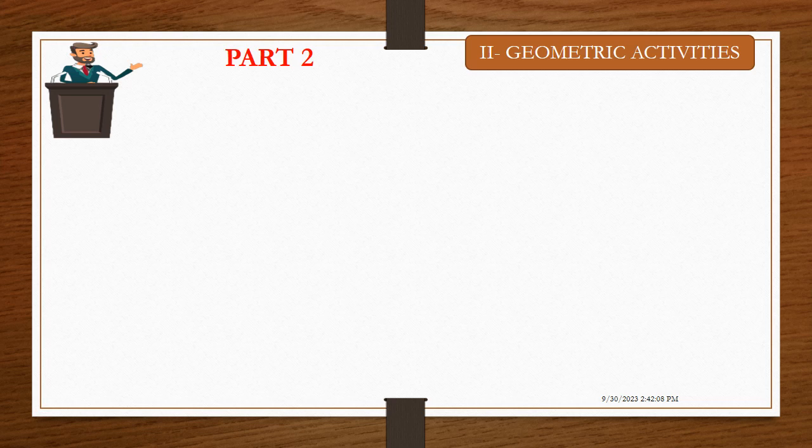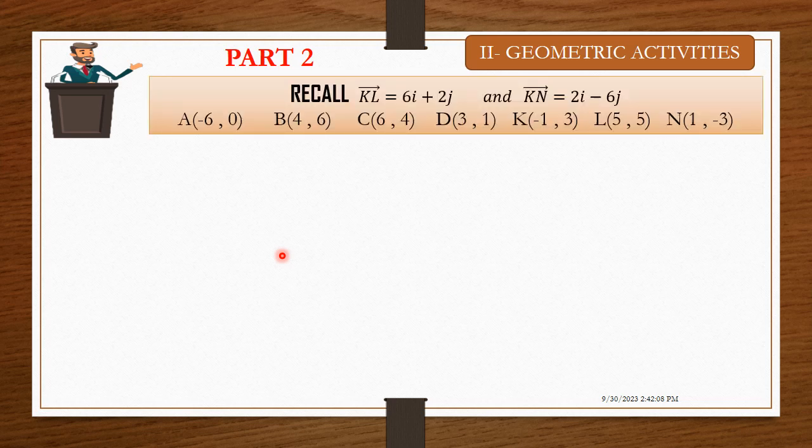Alright, we are going to continue with D. But before that, it is important to recall what we did in the previous slides. Remember, KL is 6i plus 2j, and KN is 2i minus 6j. The points A, B, C, and D were given to us.